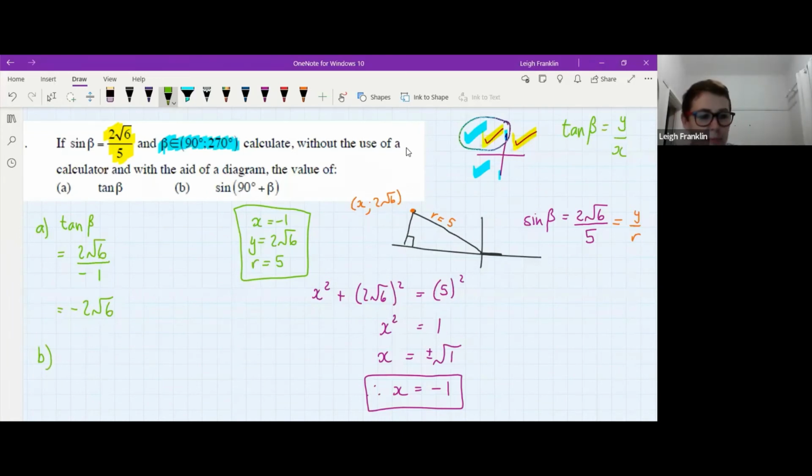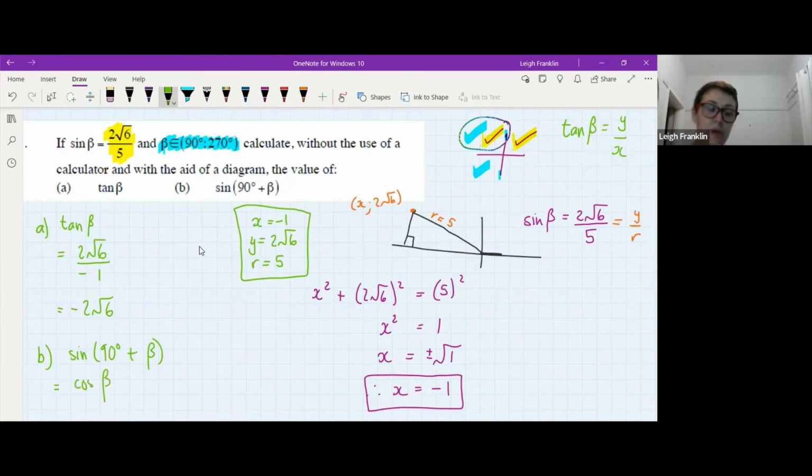Sine of 90 plus beta. Now here we have to use our reduction formulae first. So the sine of 90 plus beta is what? Cos beta. It is indeed. It changes to cos beta. And we're going to get a mark for writing that.